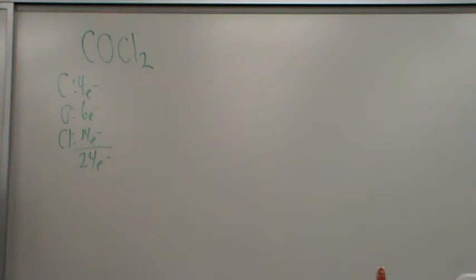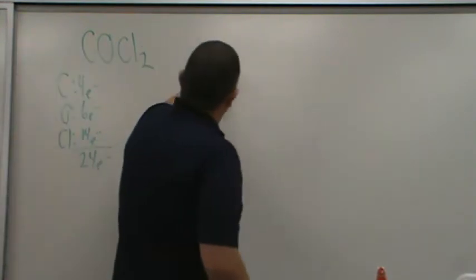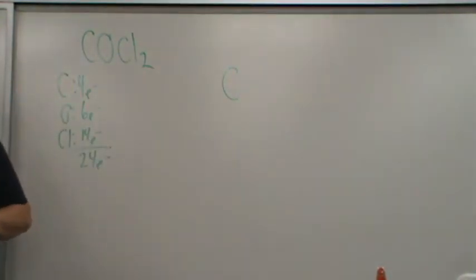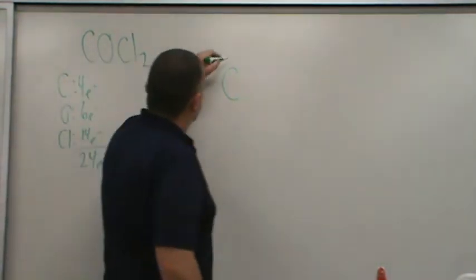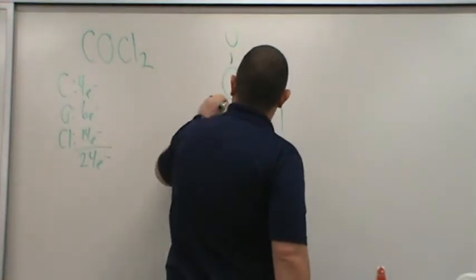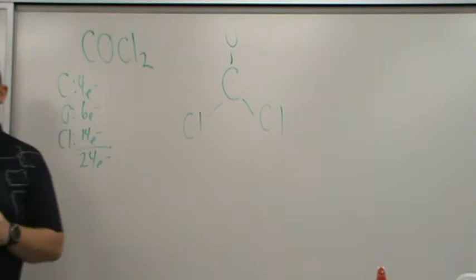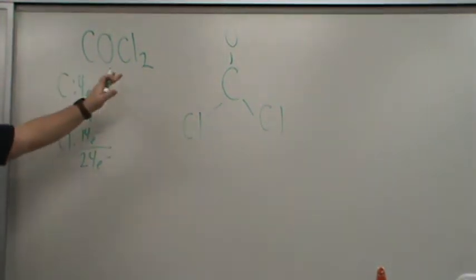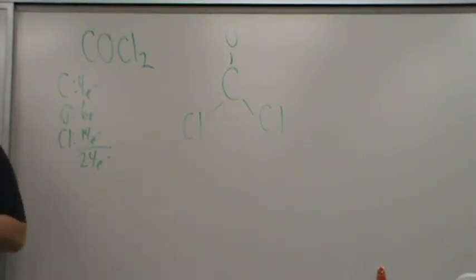And guess what? All 4 of them are unpaired. Okay? So carbon's our central atom, then a single bond to each of the other atoms. Go ahead, finish this one up.